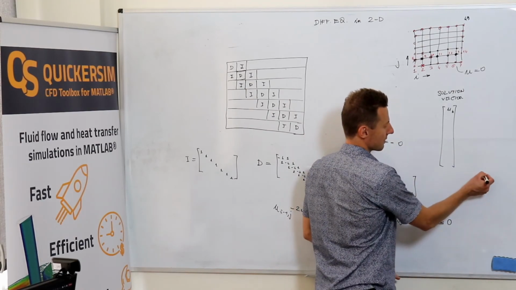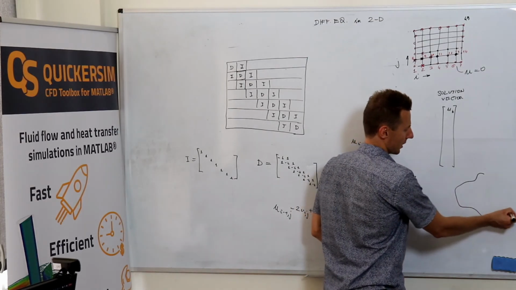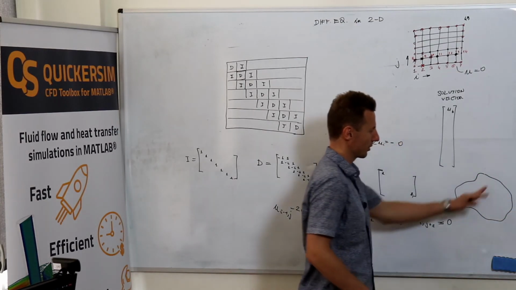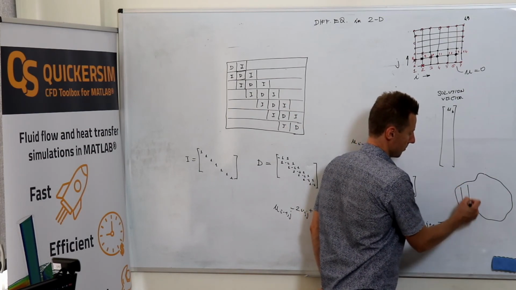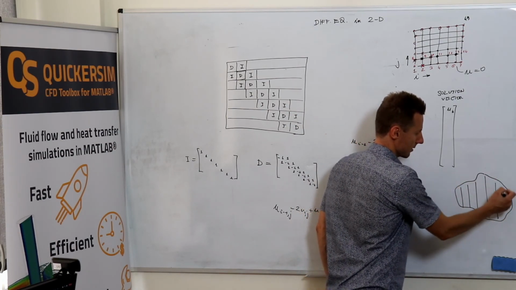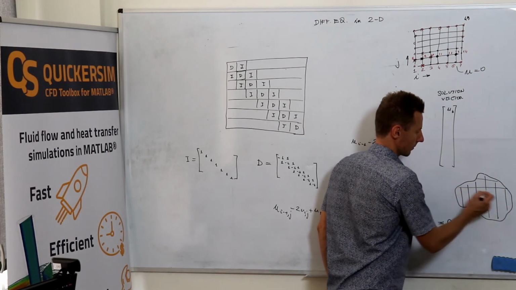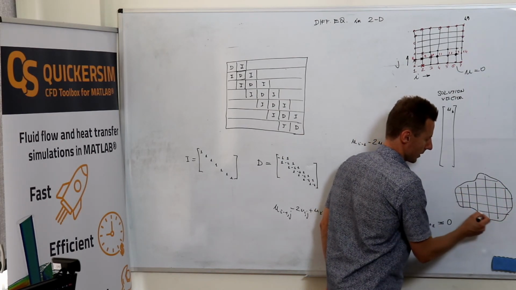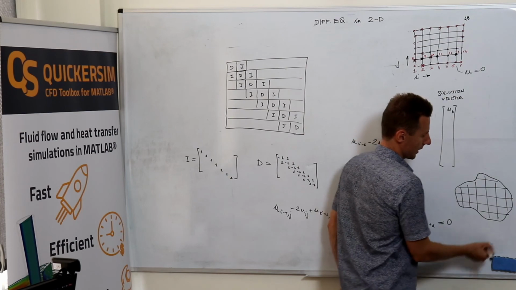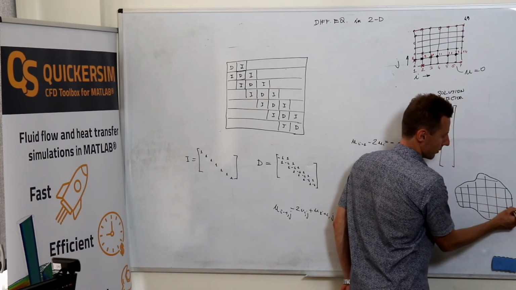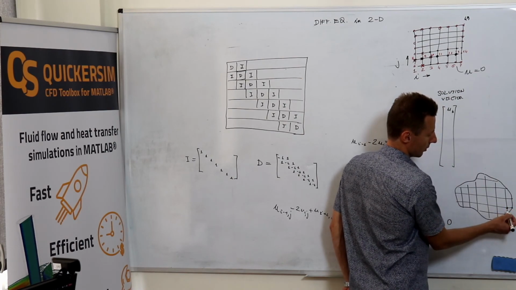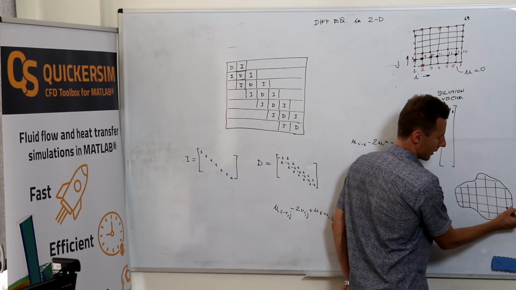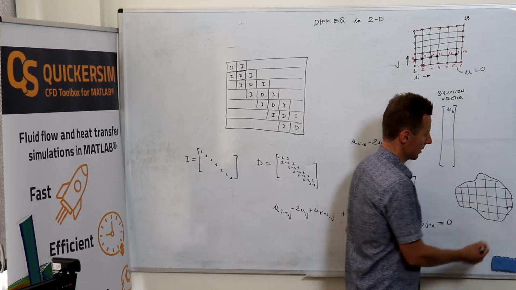I've seen some concepts, but I would rather call them concepts, where you've got a strange geometry and you are building finite differences, kind of immersed boundary. Then if you need to implement the boundary condition here, you recalculate what the distance is here.